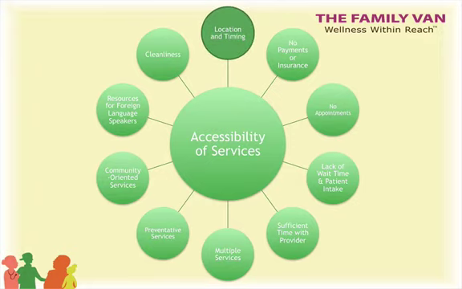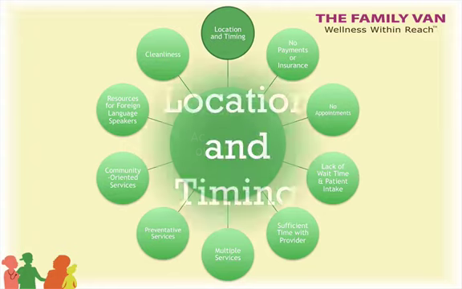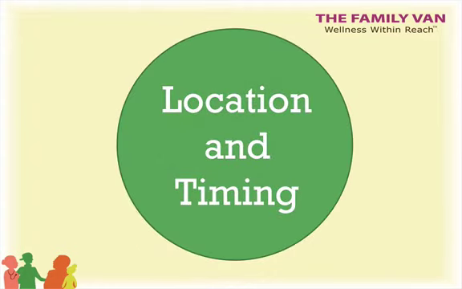Let's look first at the location and timing of the schedule. Clients told us that the Family Van's weekly locations and the timing of their visits were especially convenient for them. They described this convenience in many ways, whether the location they visited was near to their residence, near to their daily activities, close to public transportation, in their neighborhood, or where community members are at higher risk.